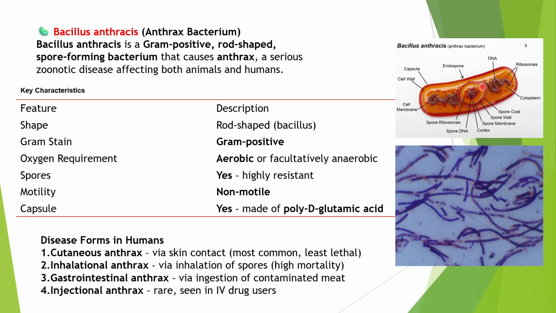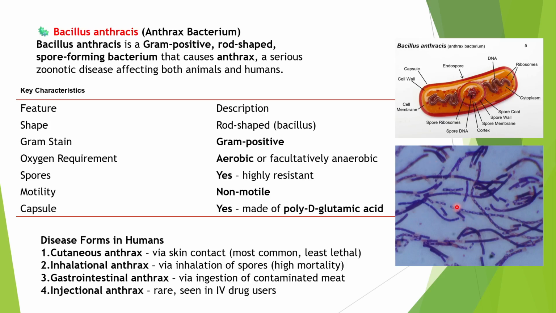This is the rod-shaped bacteria, and it is sporulating, and it has an endospore in the center, and you can see its genome and other cellular organelles present, and a spore membrane present around the spore, and this is how it looks upon staining.